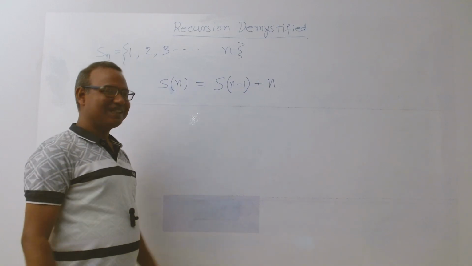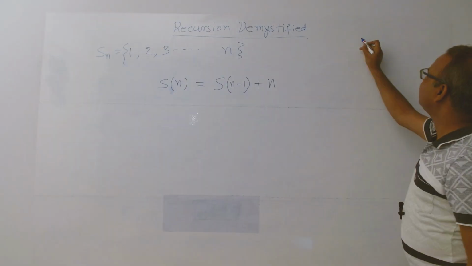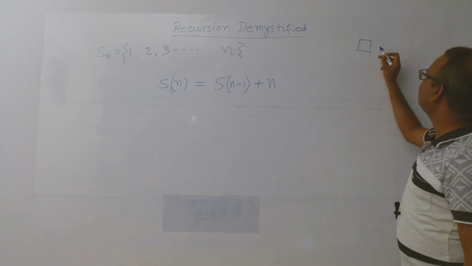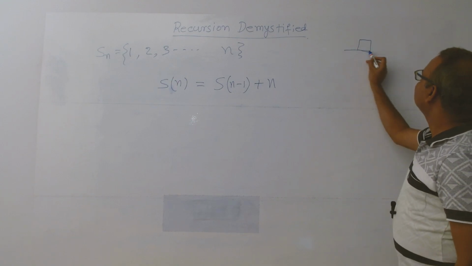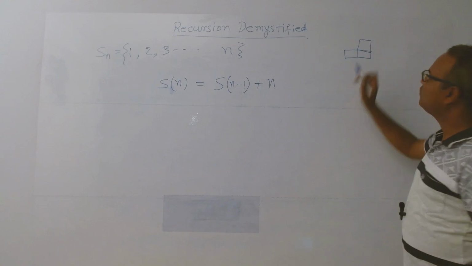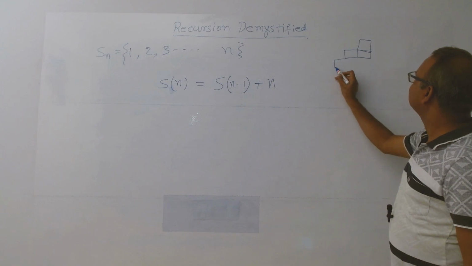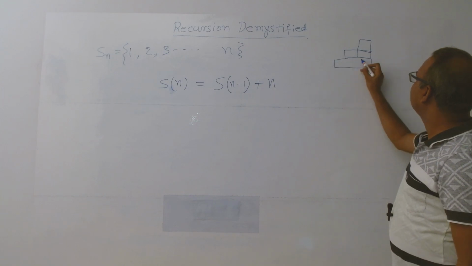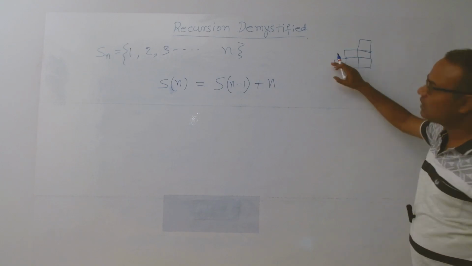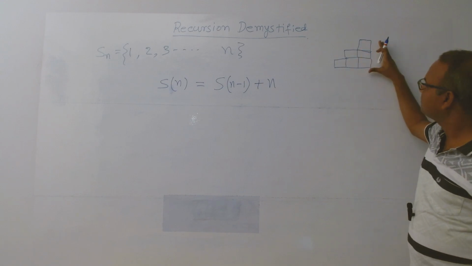Is it looking difficult? Let's draw this, it will be easier. Let's say this is our 1, a single box. This is 2, we have 2 boxes. This is 3, we have 3 boxes. So what is the sum? The total area of this region, that is the sum.